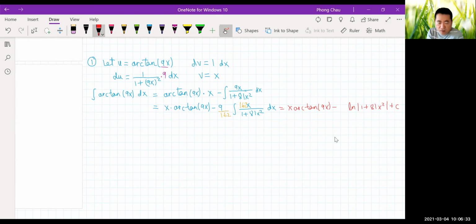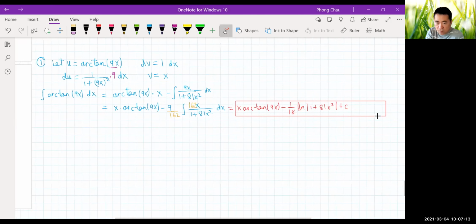And I can simplify that to, right, that's 1 over, I think it's divisible by 9, so it's 18, I believe. All right, so that's 1 over 18, natural log of 1 plus 81x squared. And that is the answer. Okay, that is our answer. So box that one.